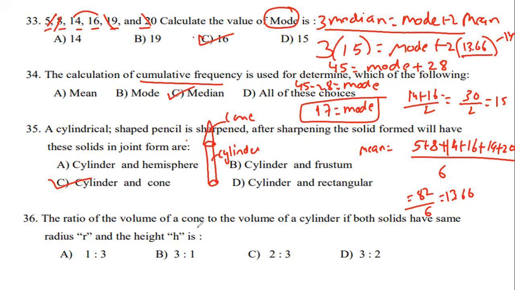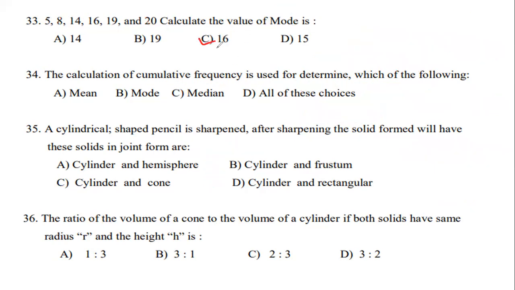Next, the ratio of, I will rub everything. Okay, we get confusion. This is also C, this is also C, this is also C. The ratio of volume of the cylinder, in both having radius r and height h, volume of the cone and volume of the cylinder.